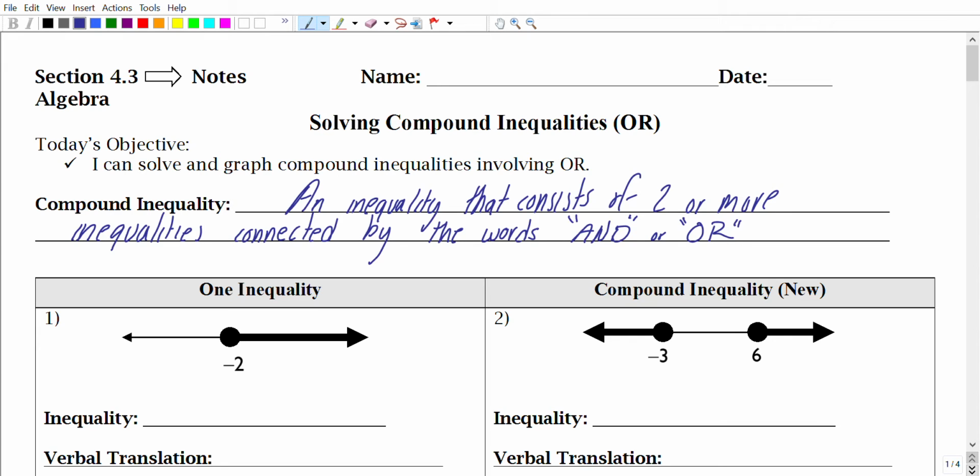Okay, so it's an inequality that consists of two or more inequalities connected by the words "and" or "or."